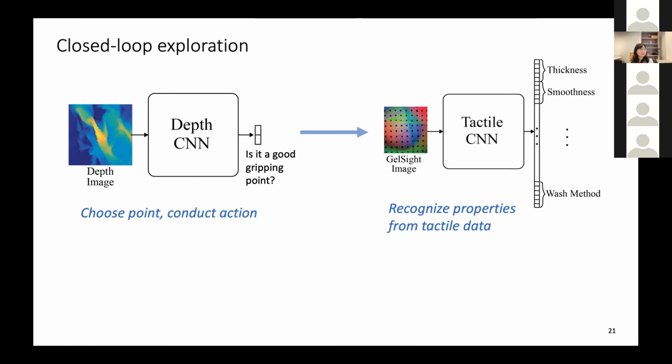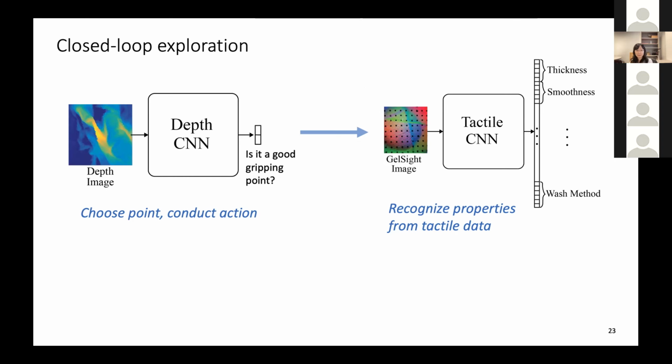But then there's a question coming from this process. What happens if the data is bad? What happens if the first step doesn't work well enough, or something goes wrong in the middle, and the robot still collects some tactile data, but it's not very good? The neural network may be confused and cannot recognize the properties properly.